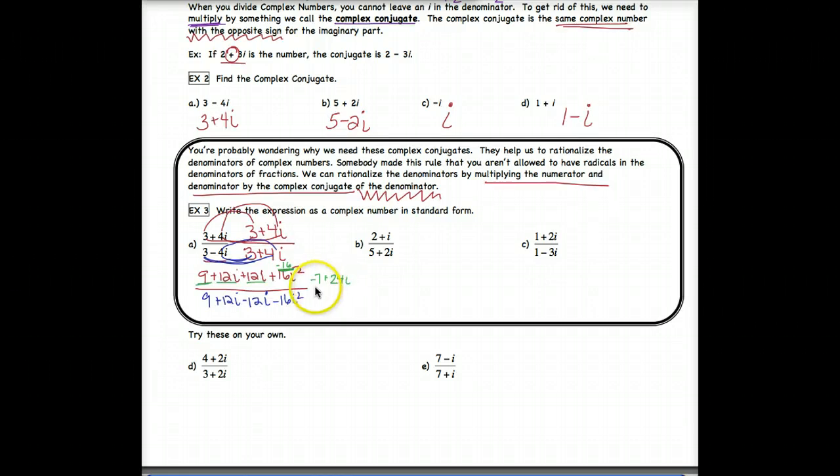On the bottom, very similar, this negative 16i squared really becomes a positive 16, which is a like term with that. So 9 plus 16 is 25. My i terms in this case cancel each other out because they're opposites. So now I look, I have no i's in my denominator, there's nothing that I can reduce, so this is simplest form.